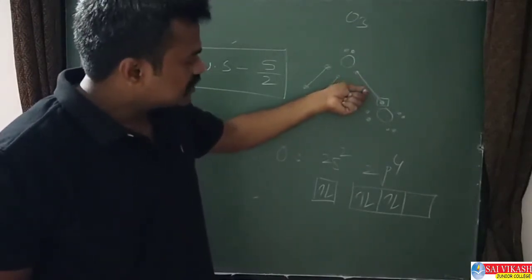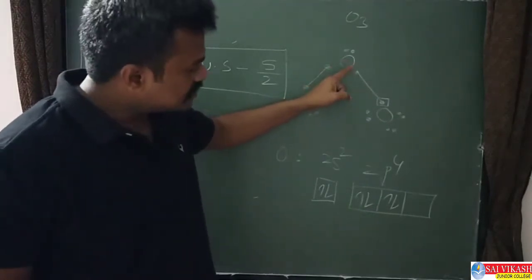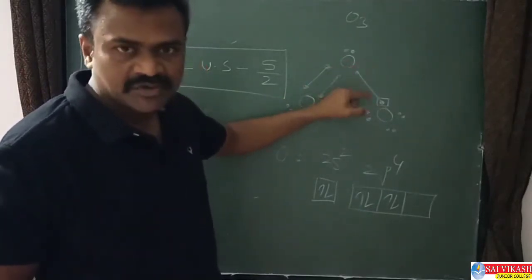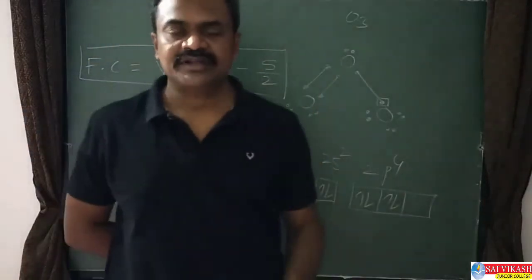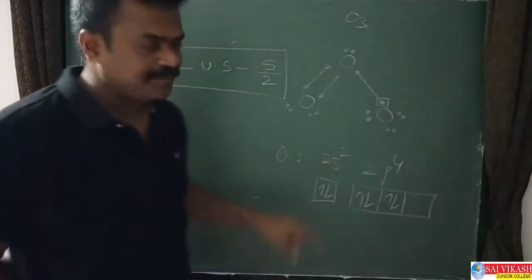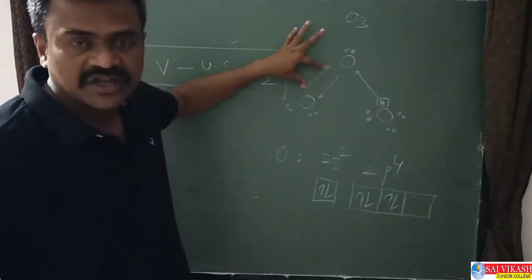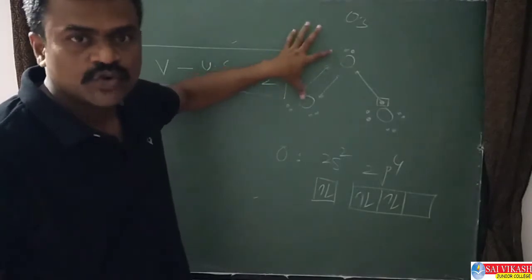Actually these two electrons are coming from one oxygen atom only, and because of this donating, whatever mutually sharing bond is formed is called a coordinate covalent bond. This is just a covalent bond, because the mutually shared two electrons come from two atoms.